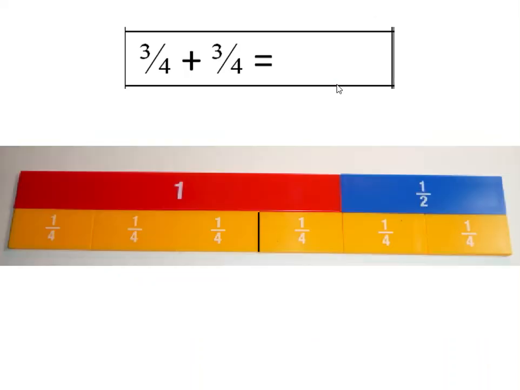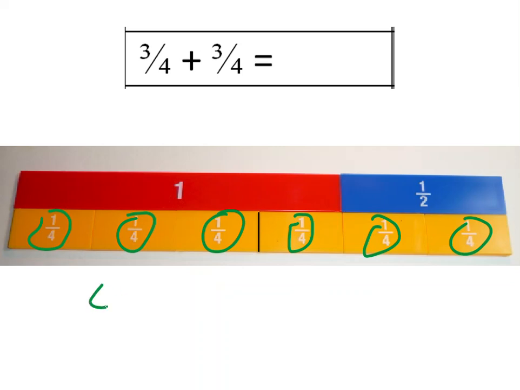All right, next. Oh, man, 3/4 plus 3/4. Well, there's 1, 2, 3, plus we have another 3. So there's 4, 5, 6. So that's 6/4. But you can imagine that that's the same thing. If we cut it right here, that would be the same thing as 4/4 plus 2 more 4ths right there.